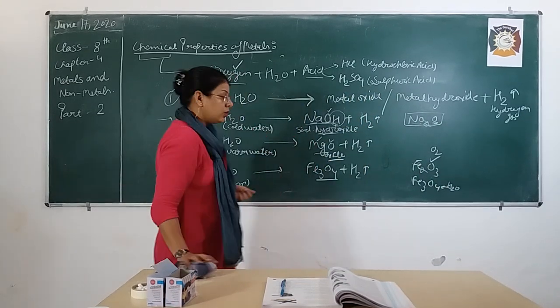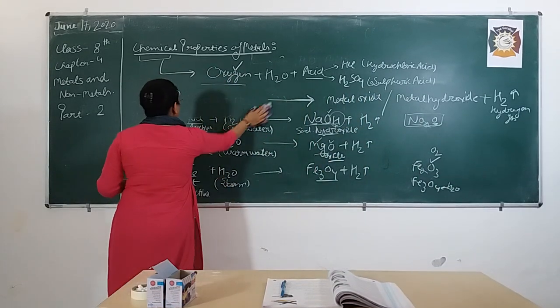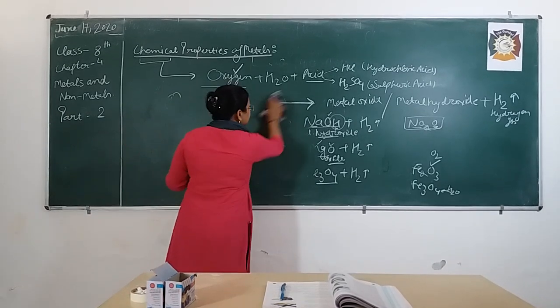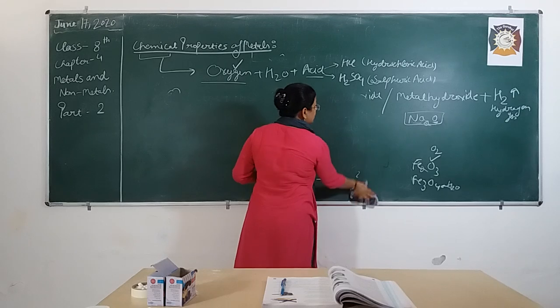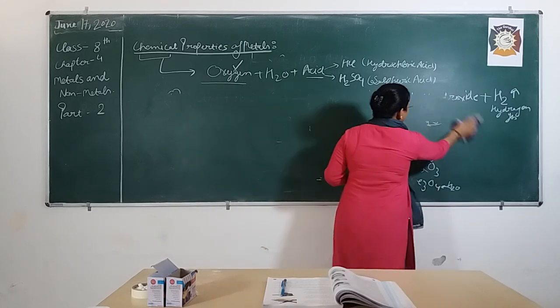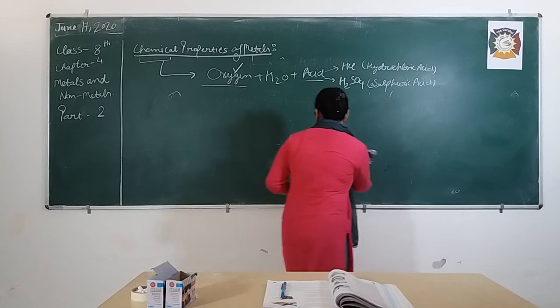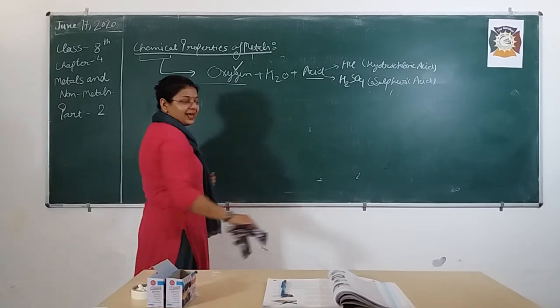In the next topic we are going to discuss the reaction of metals with acid, the last topic of today's lecture. So now when a metal reacts with acid, I am going to take examples.